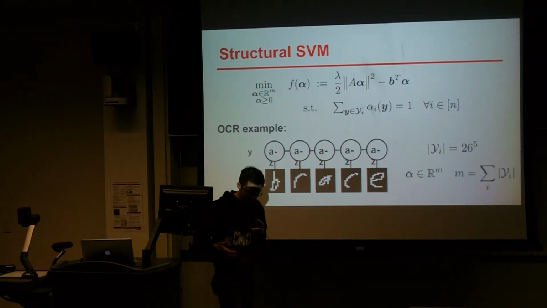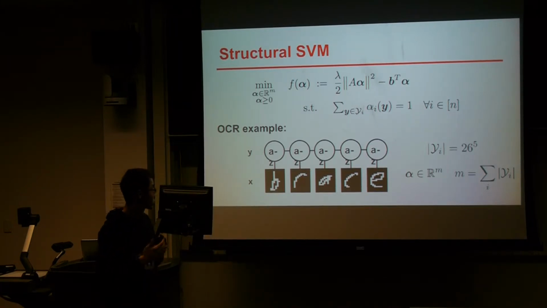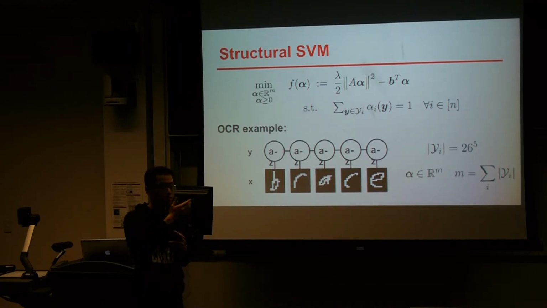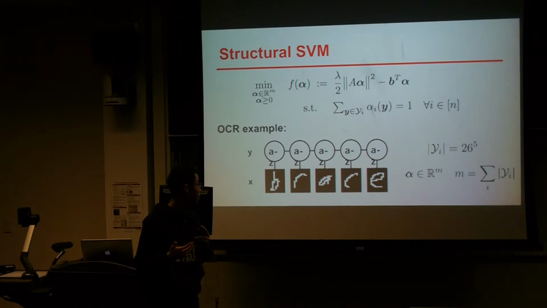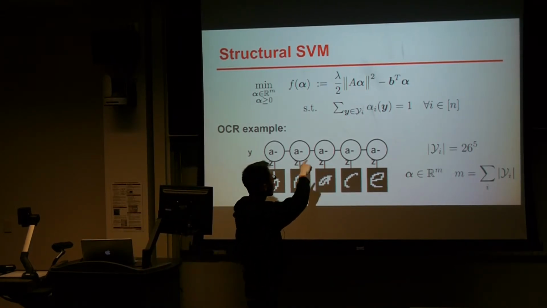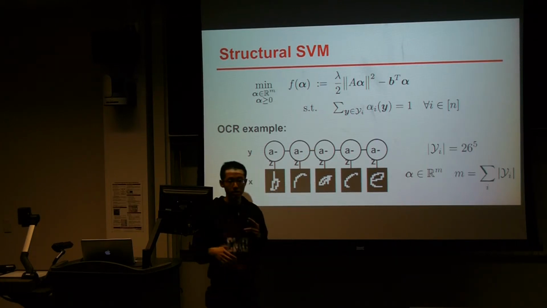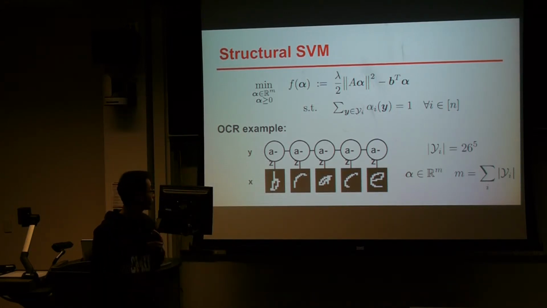And then I just want to talk a little bit about the specific application problem we're solving. It's the structured SVM. The problem formulation is similar to the dual of the regular SVM, except that in this problem the alpha vector is very high dimensional. Suppose you look at an OCR application where you have a bunch of patches and you want to recognize what letters those are.